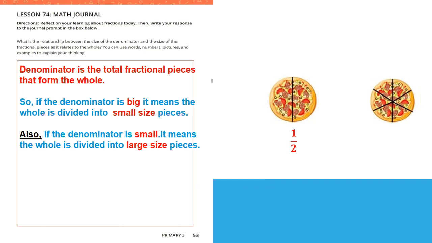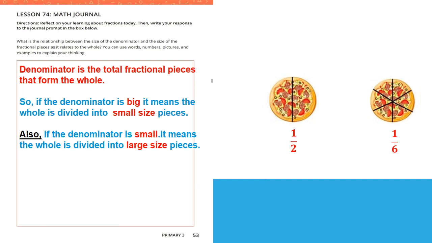In the pizza divided into 2 equal parts, each part will be 1/2, right? And in the other pizza, the fraction of each part will be 1/6. So what is the relation here between the denominator and the size of each part?